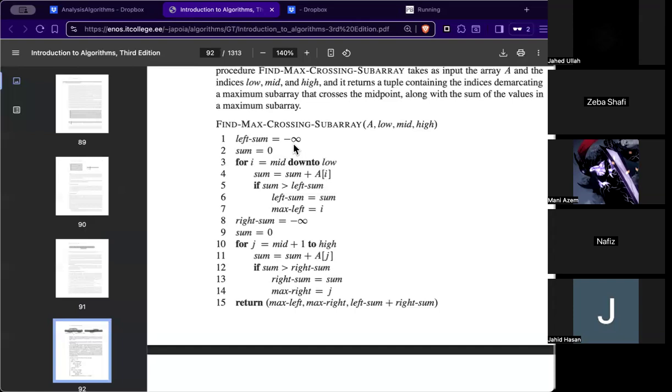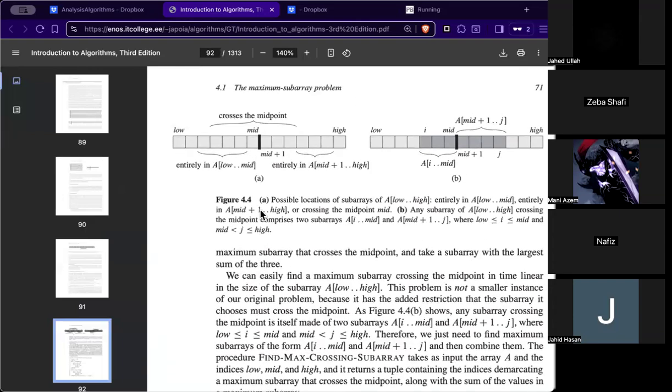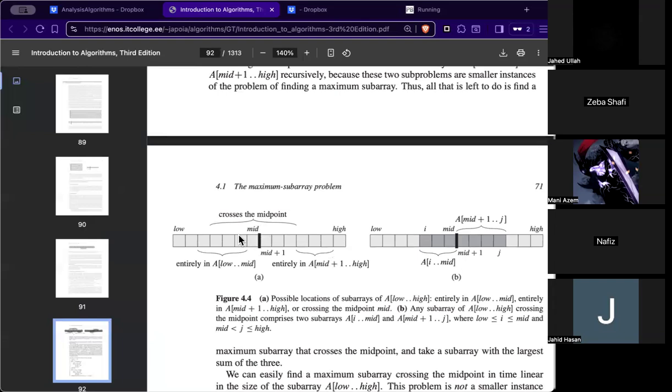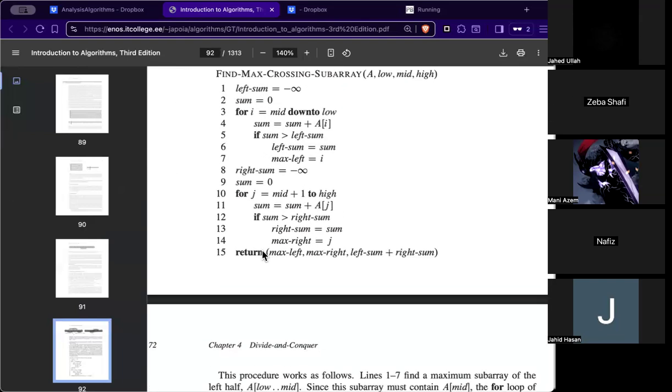We're claiming that the left sum is currently undefined and that the full sum right now is 0. And now we're going to loop from the mid down to the low. Okay, so we take our sum and we start accumulating values in our sum going from the midpoint down to the low point, backwards, okay? So going backwards, we're counting the numbers up. We're going to look for a maximum subarray in each part.